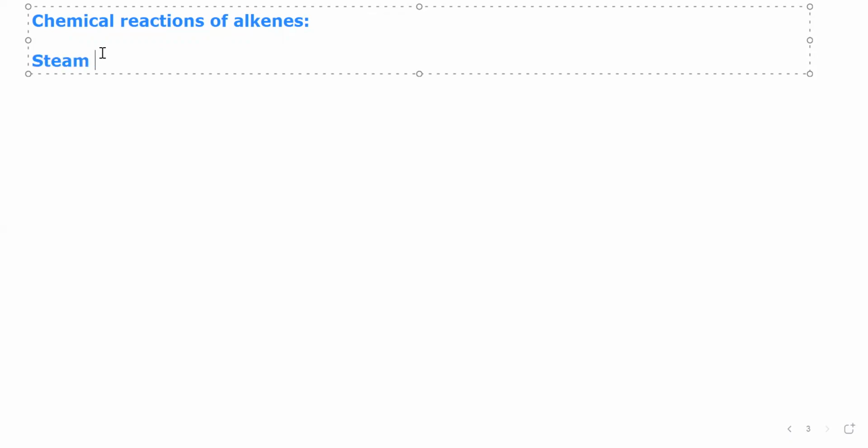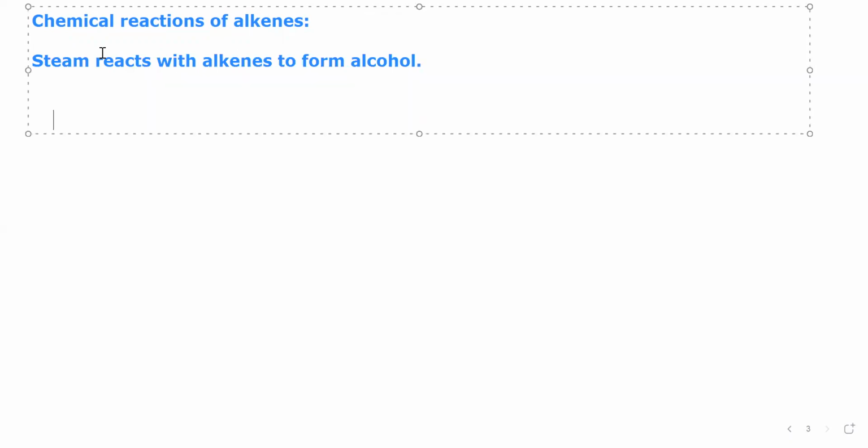Let's write the word equation first: ethene reacting with steam gives you an alcohol. Which alcohol? Ethene reacting gives ethanol.